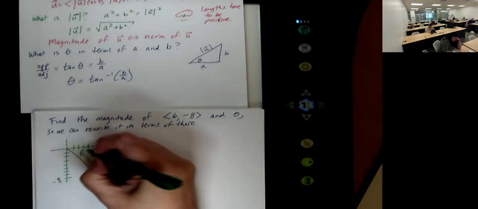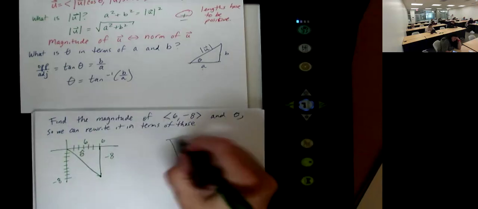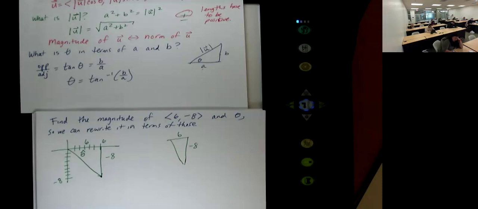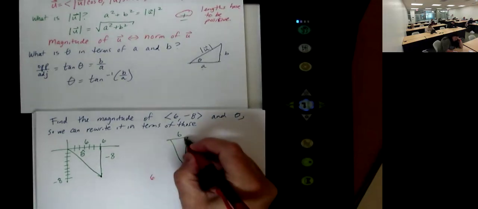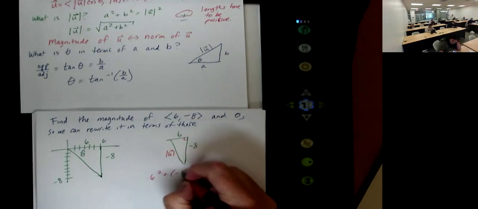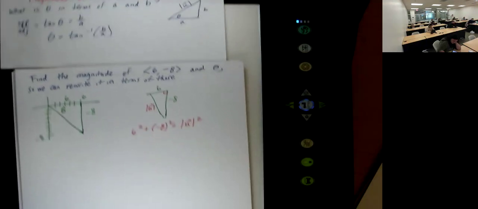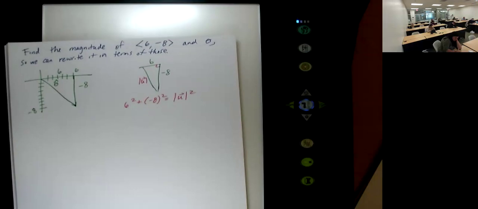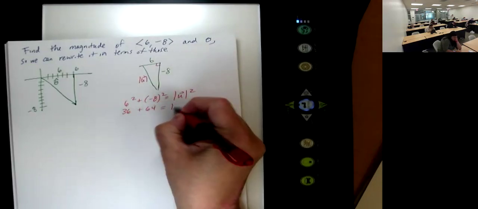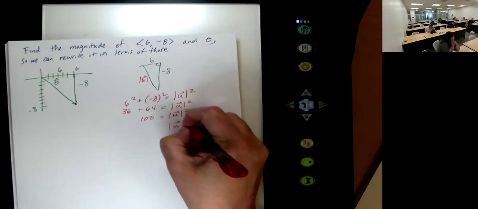A reference angle would be this. This is our magnitude, and that's the hypotenuse, so 6 squared plus -8 squared equals magnitude of u squared. 36 plus 64, which is 100. Which tells us the magnitude of u is 10.